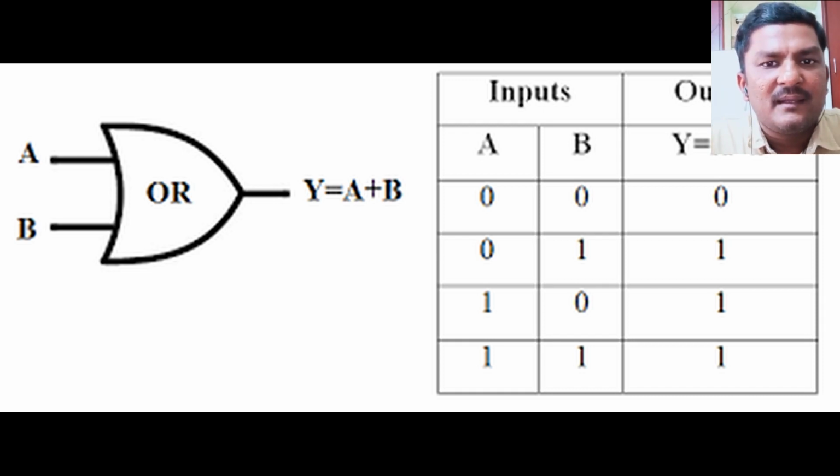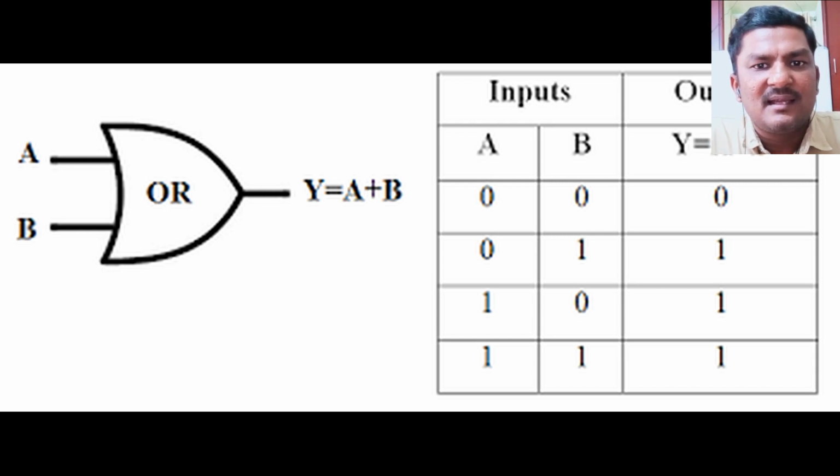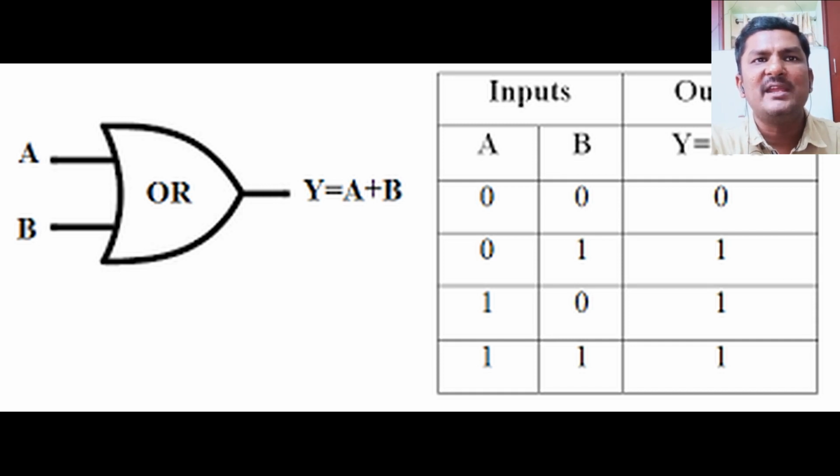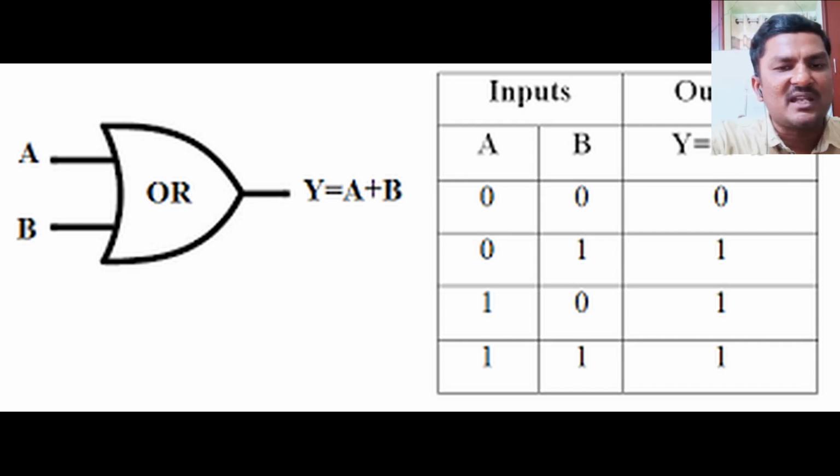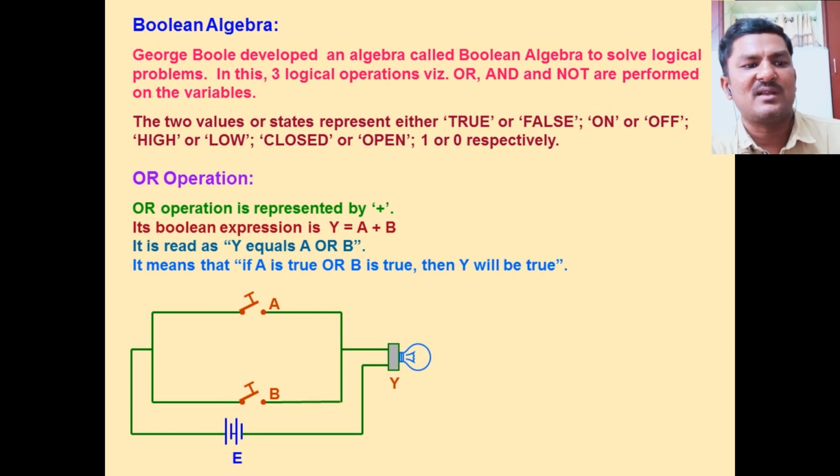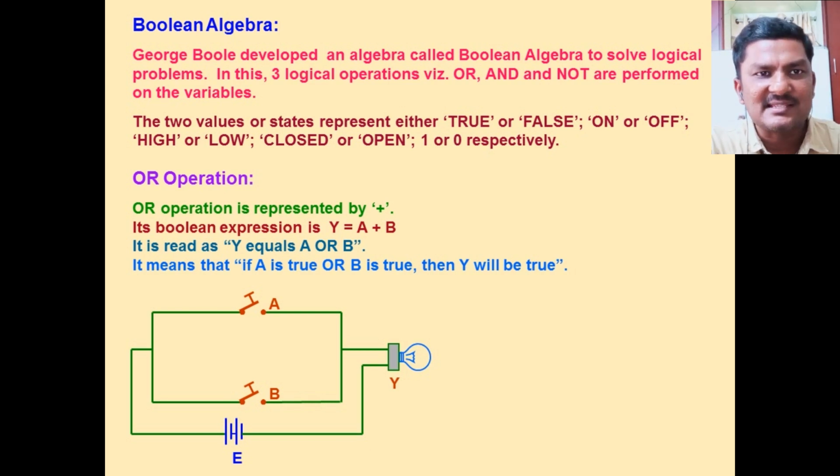Okay. Next, AND operation. AND operation is denoted by dot. So in Boolean expression, Y equals A and B. To understand the AND operation, I have considered one electrical circuit.